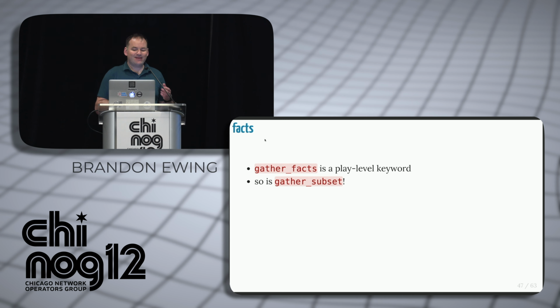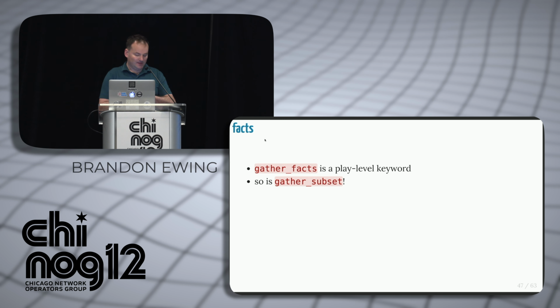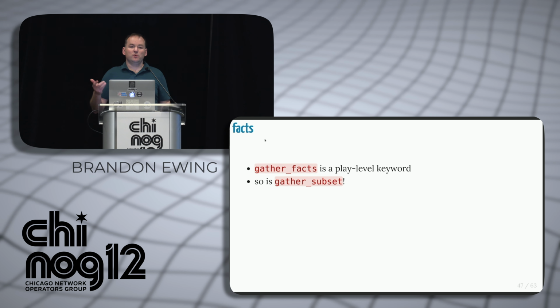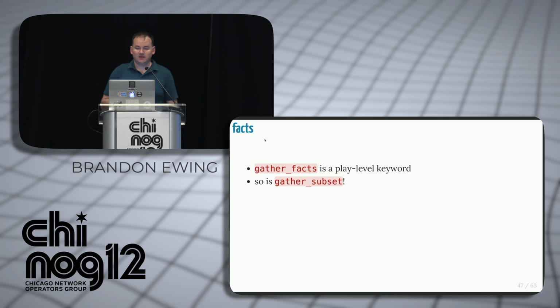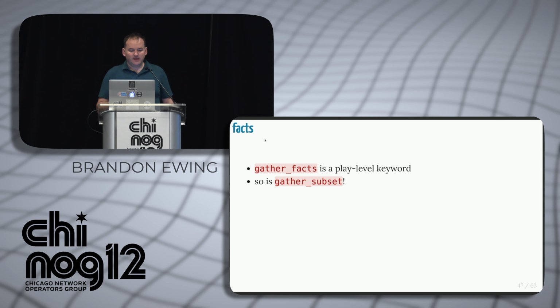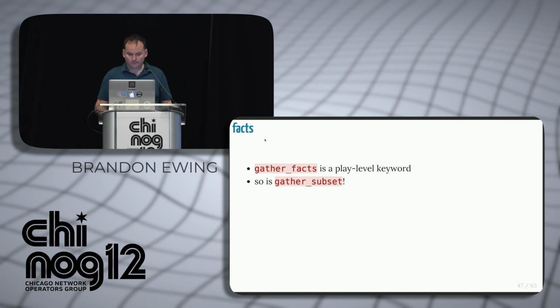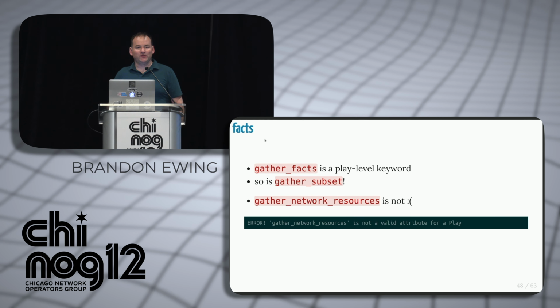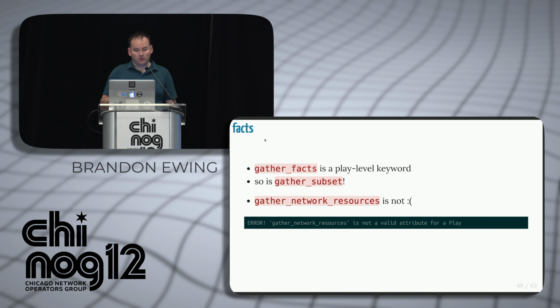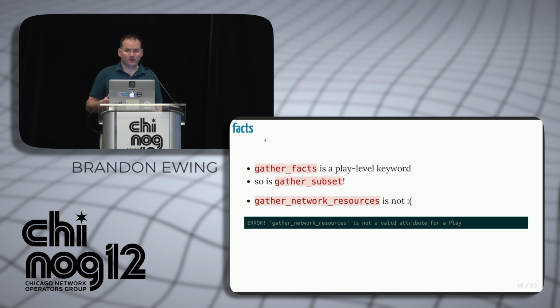So gather facts is a play level keyword. If you are defining a play, you can just say gather facts true or false at the top. Gather subset is also a play level keyword. Gather network resources is not. If you try and put this at the top of your play, Ansible will complain and say you can't run this.